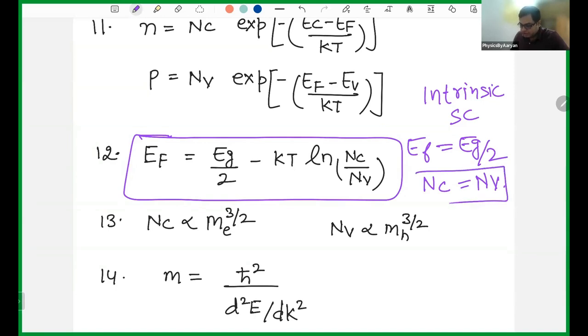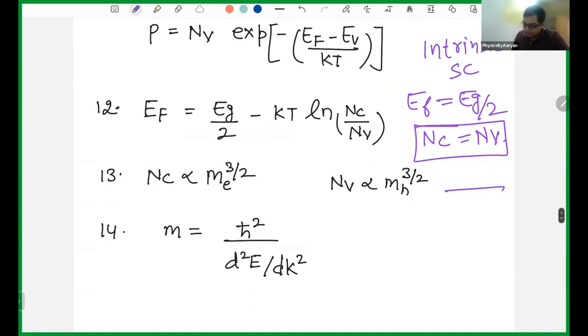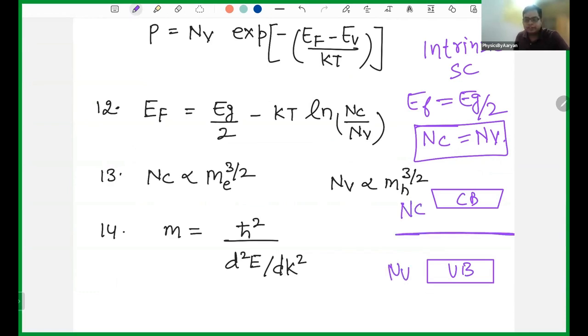If this condition is satisfied, then you will get ln 1 and this term will become 0. So then your EF is actually equal to Eg by 2. Let's say you have an intrinsic semiconductor with one conduction band and one valence band. If the density of states in conduction and valence are the same, then your Fermi level will be completely in the center of the band gap.